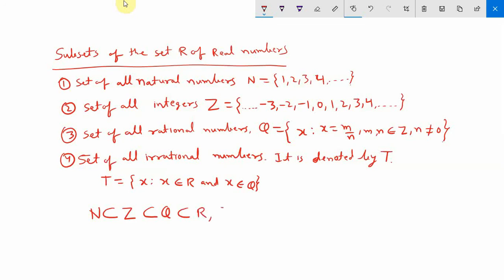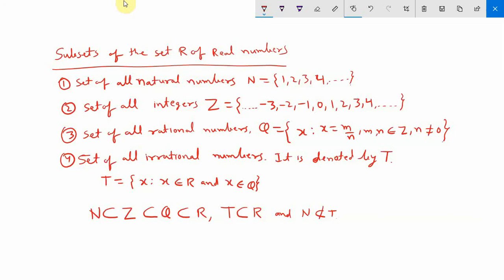Similarly, irrational numbers will be a subset of real numbers. And natural numbers will not be a subset of irrational numbers.